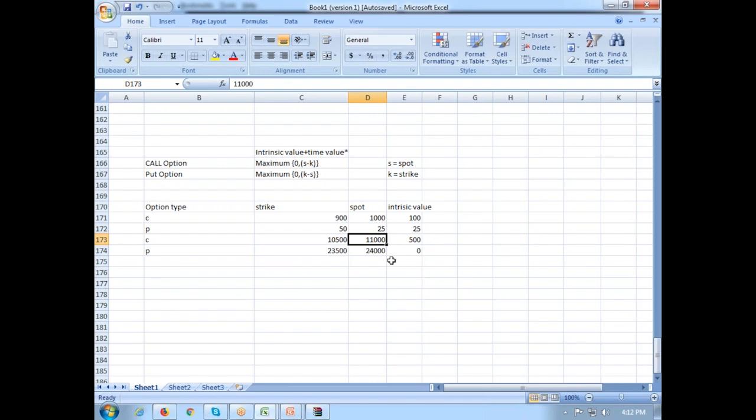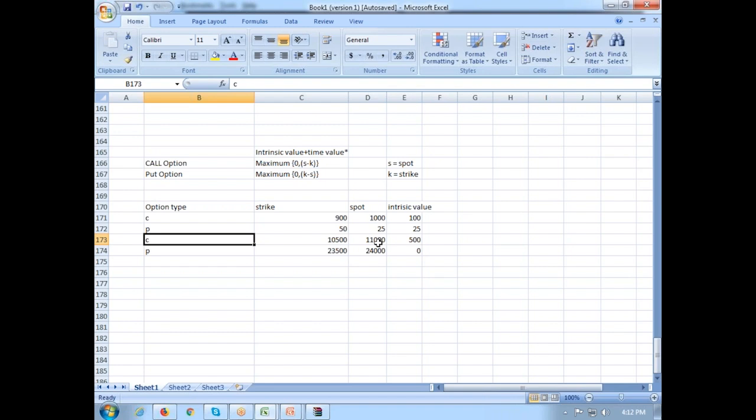It's a call option. Call. हाँ, like this right. S minus K. Spot minus strike.